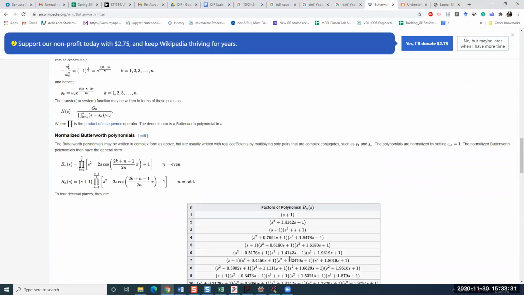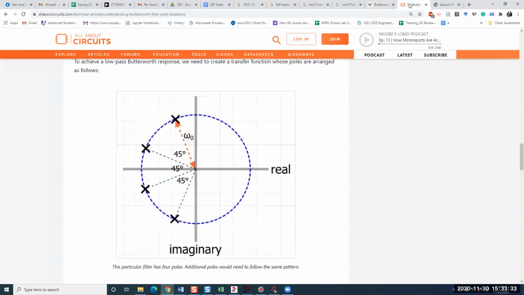But where is this algorithm coming from? It's in the book, but the algorithm really is: the radius here is omega naught, and then you just keep these poles, however many poles there are, split up on the unit circle and keep them that distance apart from each other.